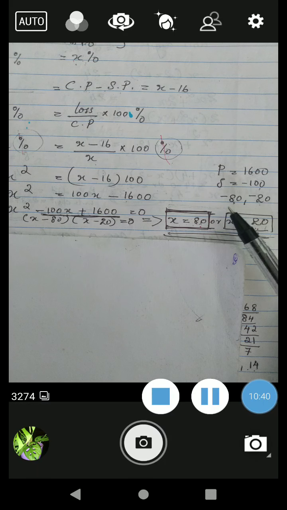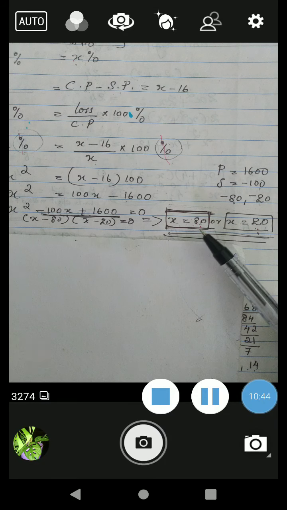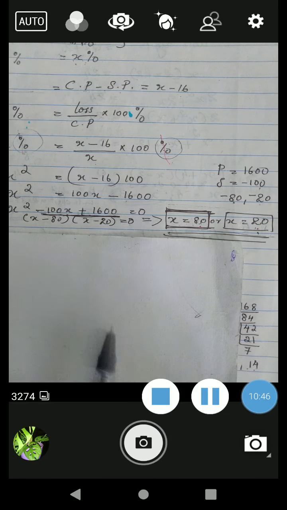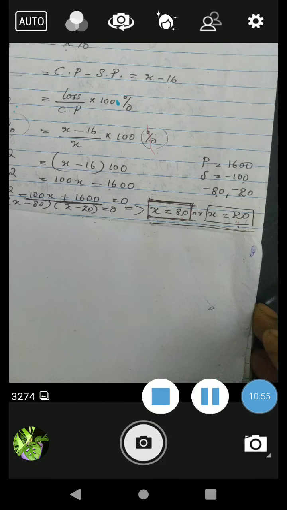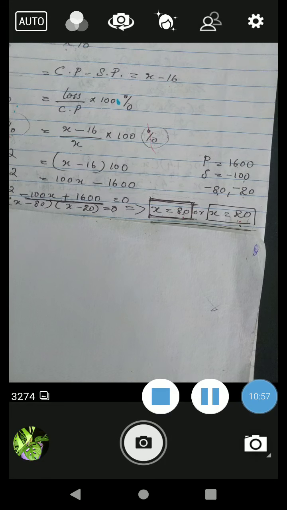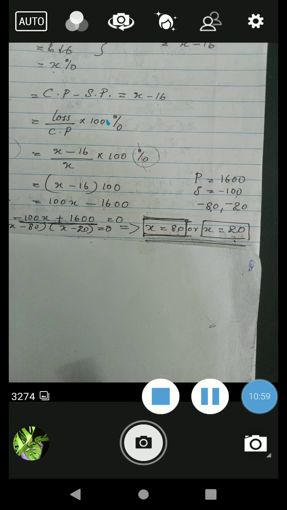The two numbers are minus 80 and minus 20. So when you solve this, you will get x minus 80 into x minus 20 equal to 0. Here you can see two positive values. x is equal to 80 or x is equal to 20.